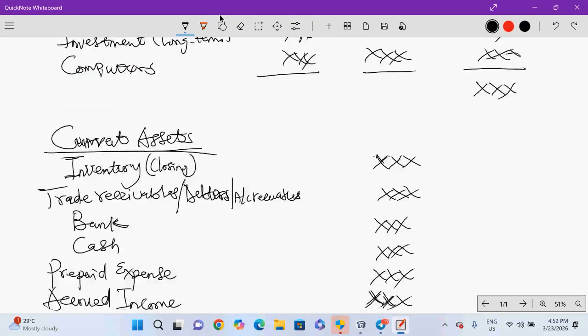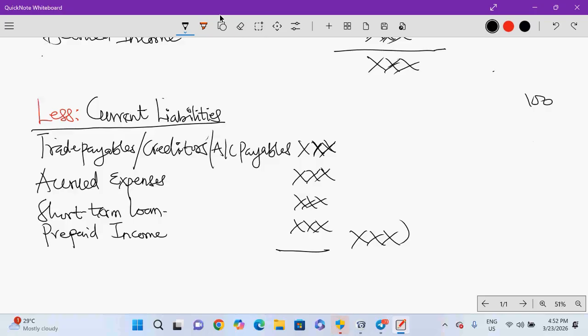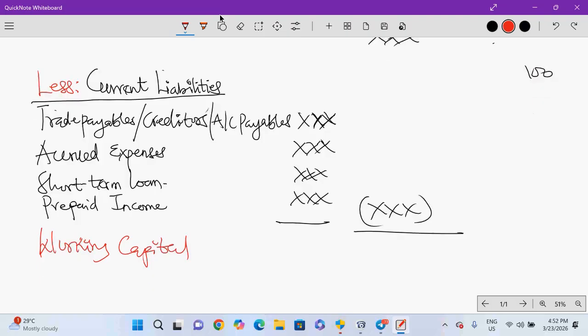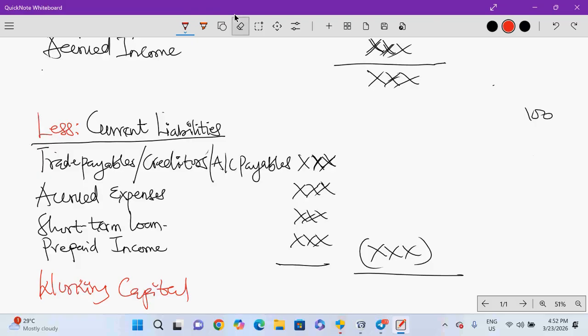We are deducting the total current liabilities, and that becomes our working capital. So working capital will be added to our non-current assets.